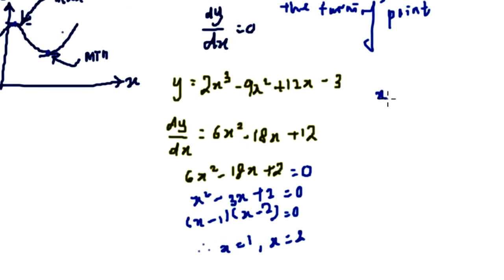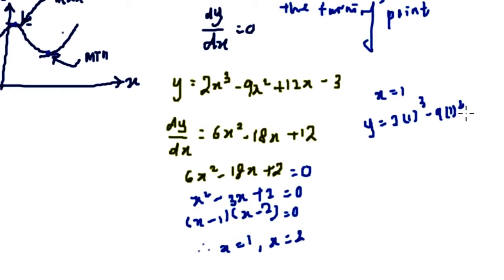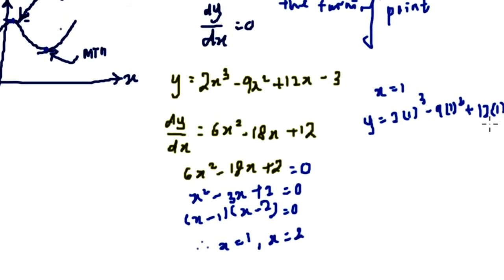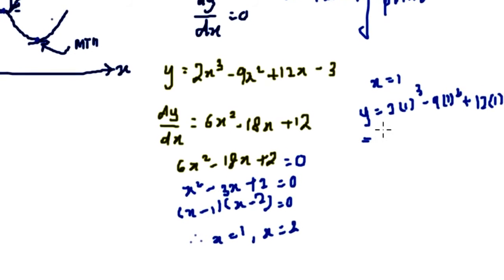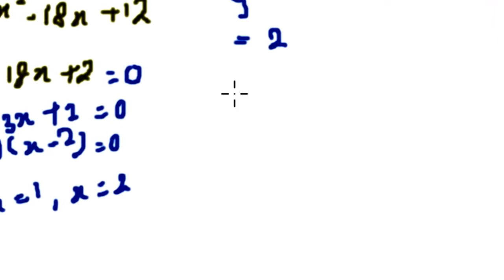First let x equal to 1, y equals 1 to the power of 3 minus 9 times 1 to the power of 2 plus 12 times 1 minus 3. Calculate this and you will get 2.